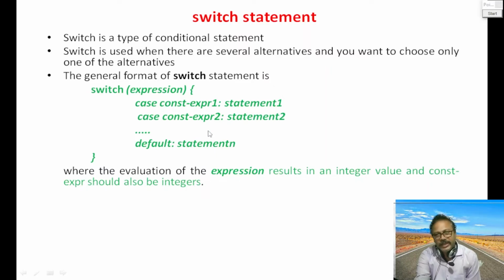It is a little tricky what happens after executing them, and you can implement it as you like. We'll see with the programming example. If the value of the expression matches any of the constant expressions, the corresponding statement is executed. Remember that point.